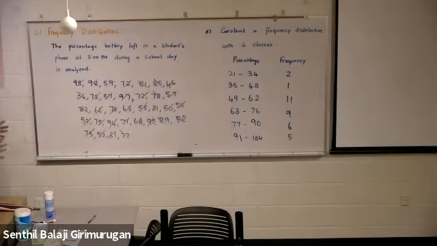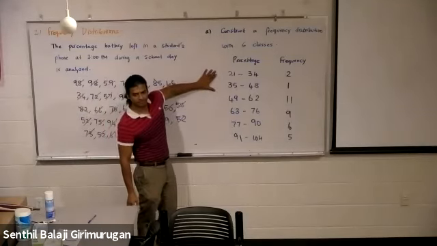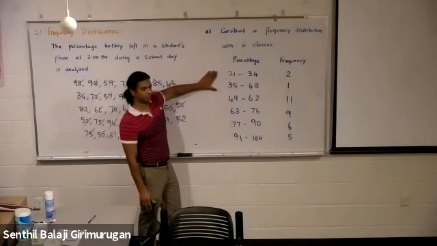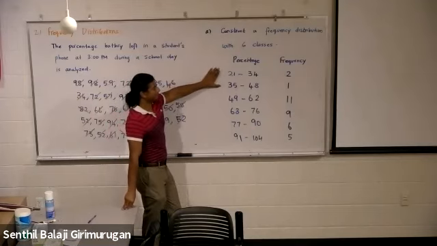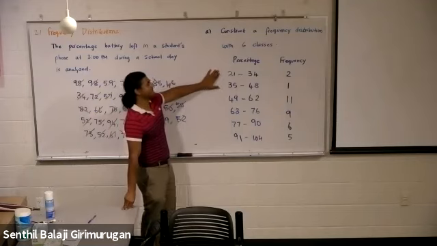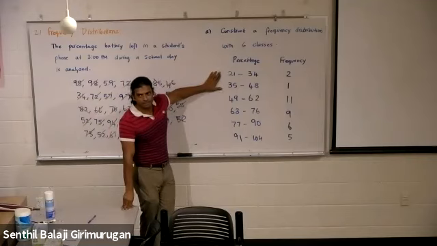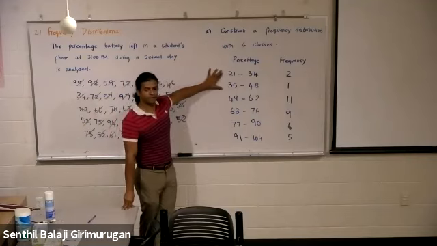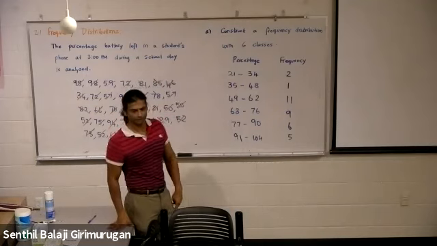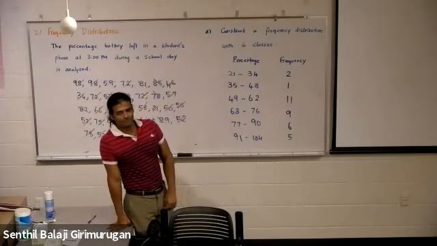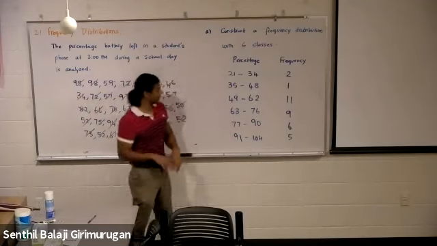So once we find the class width and the classes, we have this table. This table is what we call a frequency distribution. Just by looking at this table, we sort of understand the properties. At 3 p.m. in the afternoon, what is the most frequent battery level that we could expect from the student? 49 to 62, somewhere between 49 and 62, similar to what we did last time.